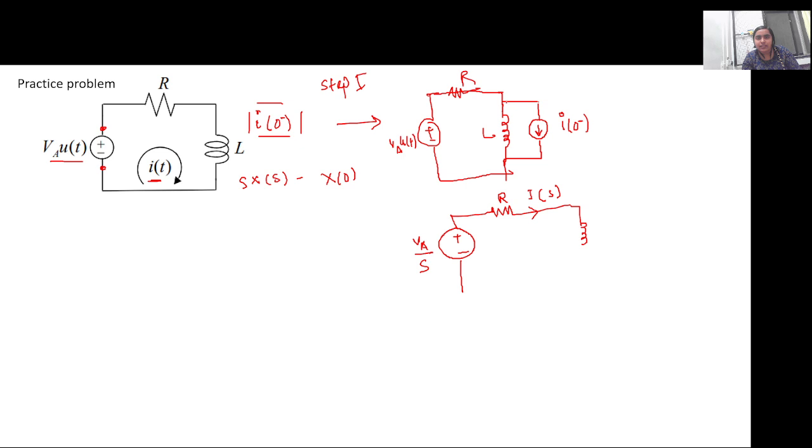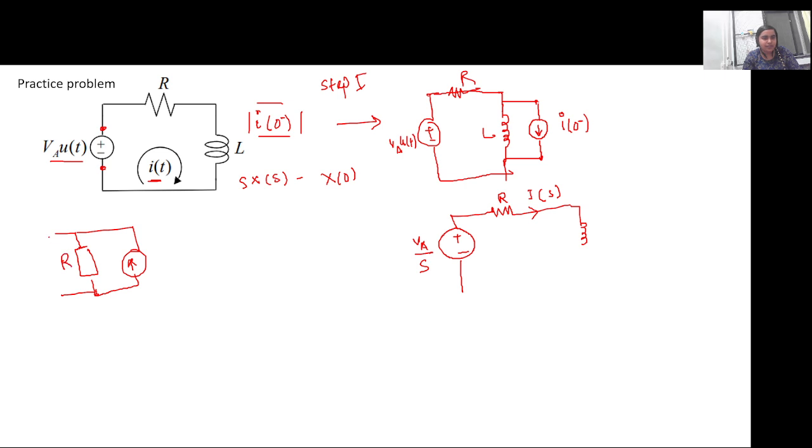Instead of writing this parallel to the L, we can also write it in terms of a series circuit to make the circuit simplified. We can write it in terms of a voltage source. You all know how to convert an impedance with a current flowing through the parallel branch.